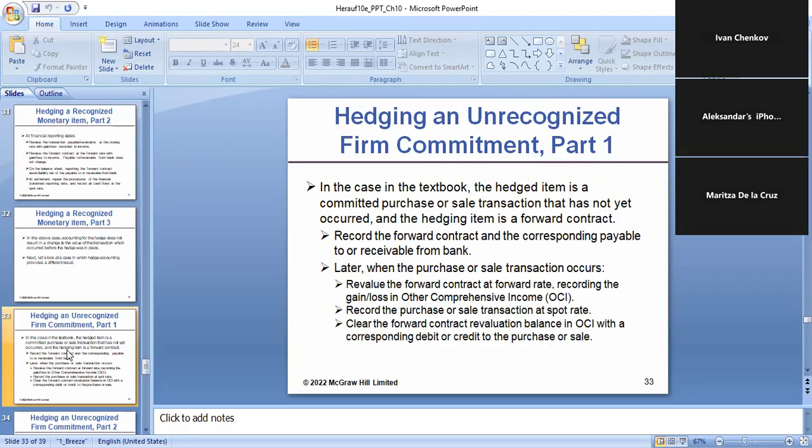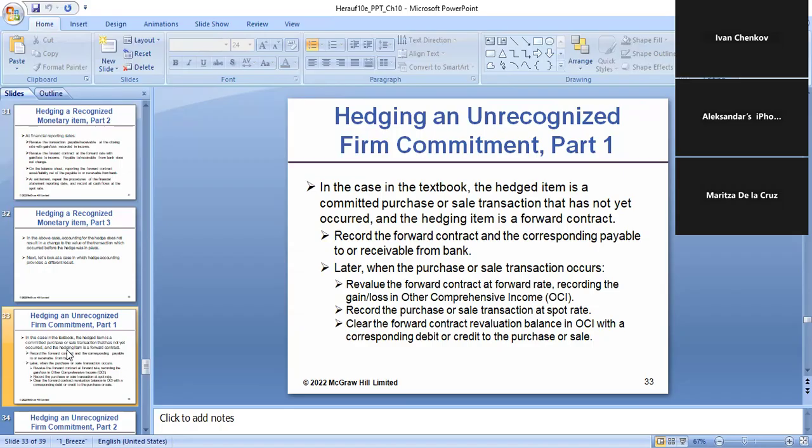Later, when the purchase or sale transaction happens, we're going to revalue the forward contract at the forward rate, recording the gain in other comprehensive income in this case, not in the income. We're going to stay with other comprehensive income. We're going to record the purchase or sale transaction at the spot rate.